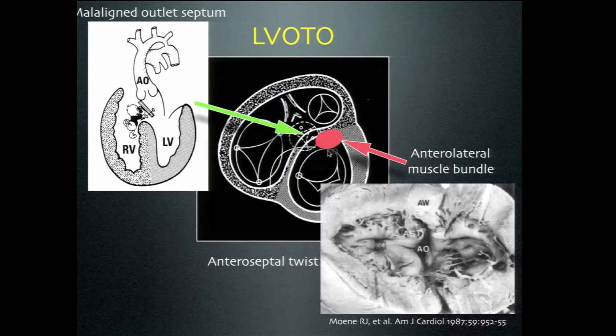The anterolateral muscle bundle is between the aortic valve and the mitral valve, coming into this space. The anteroseptal twist is from the anterior part of the septum toward the space between the aortic and mitral valve. All of this conspires to make the left ventricular outflow tract narrow. The literature describes it very differently, but this is a somewhat simplified way of understanding. I hope this is helpful.